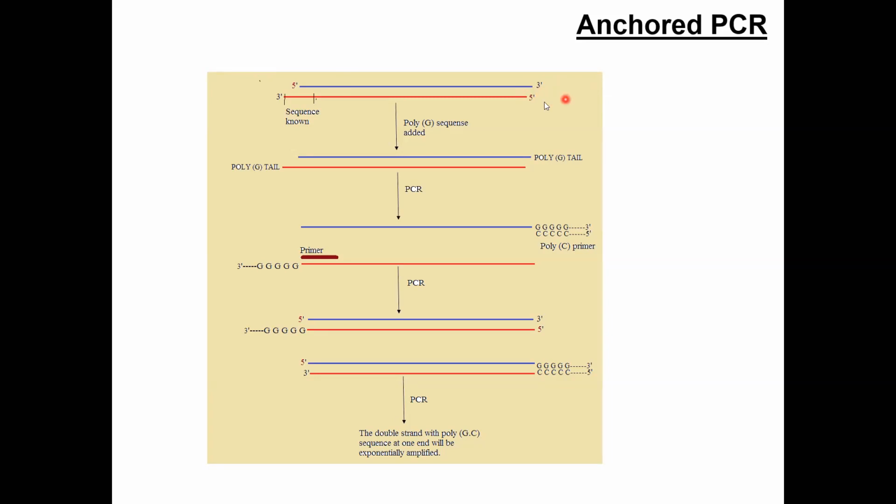So the primer is here, from 5' to 3'. You have a poly A tail here, right? And now you can use an oligo-dT primer.